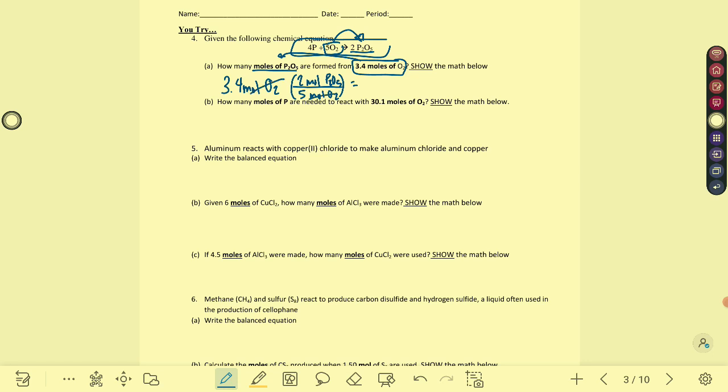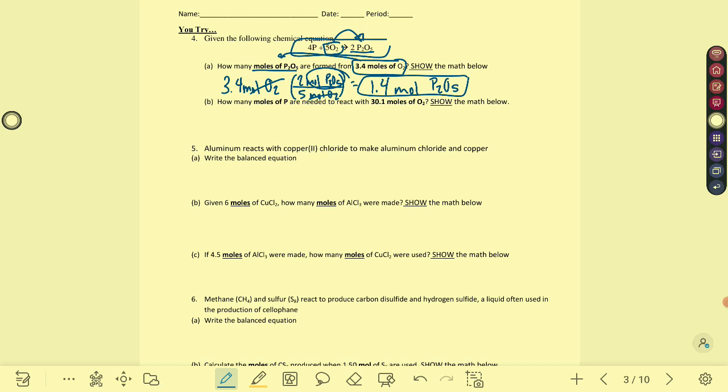Alright, moles of O2 cross off. And I'm going to have 3.4 times 2 and divide it by 5. And I get 2 sig figs, so 1.4, my unit is MOL P2O5 or diphosphorus pentoxide. Again, 2 sig figs because that is what is in my given.